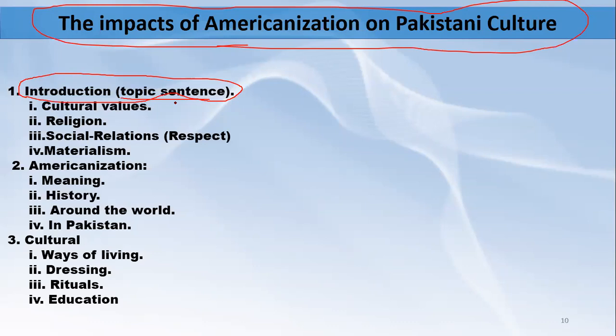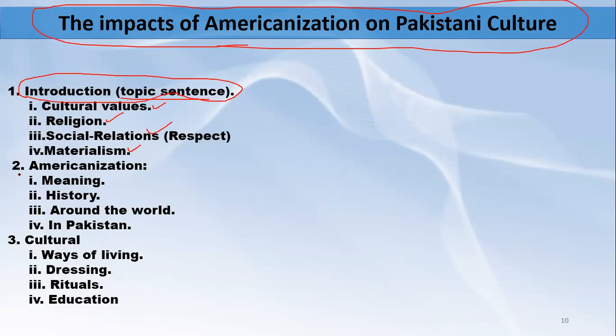Now, what are the impacts of Americanization on Pakistani culture? So, the impacts on the cultural values, impacts on the religion of Pakistan, impacts on the social relations of Pakistan, and impacts on material, it leads to materialism in Pakistan. Clear? So all these are the 4 points which we'll be discussing in the introductory paragraph.